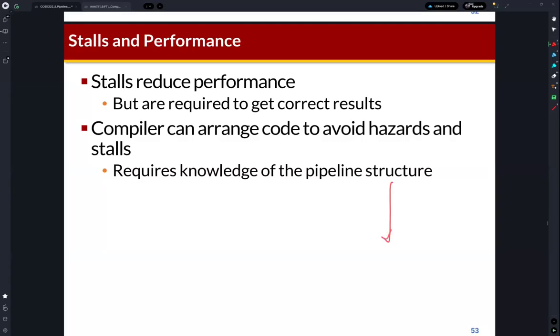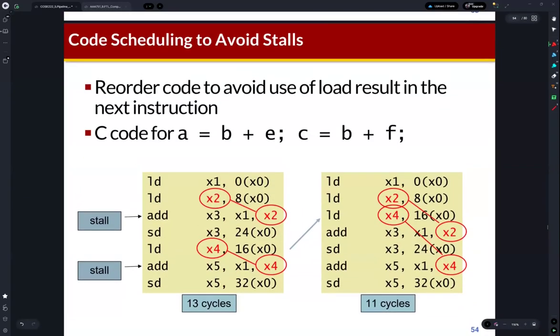We already learned about compiler optimization like this. If the compiler knows the structure of this pipeline architecture, then the compiler changes the order of instructions like this, so we can avoid the pipeline stalls caused by the load instruction.